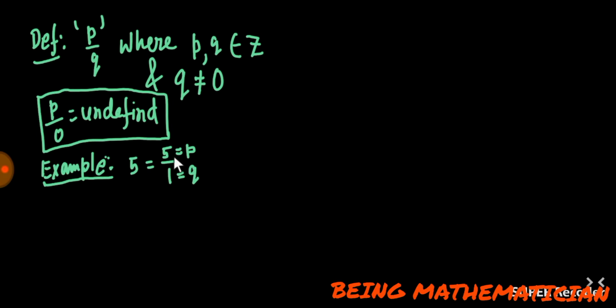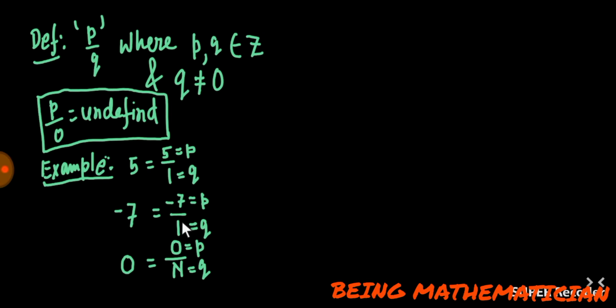And minus 7 can be written as minus 7 by 1, assuming minus 7 is P and 1 is Q. In the case of 0, we can write 0 as 0 by any number n, so 0 is P and n is Q. So 0 can be expressed in P by Q form.